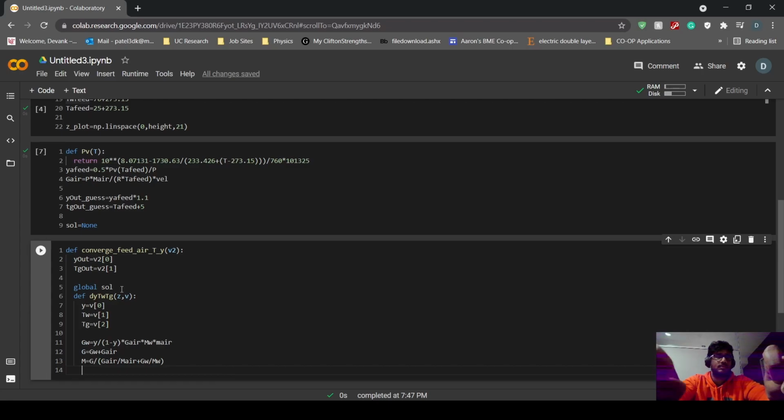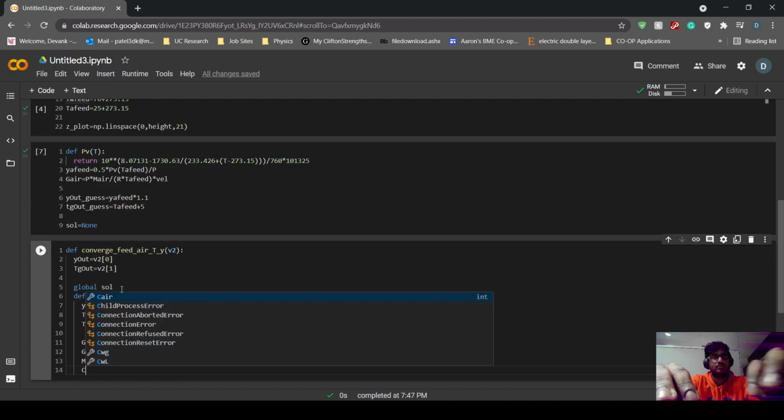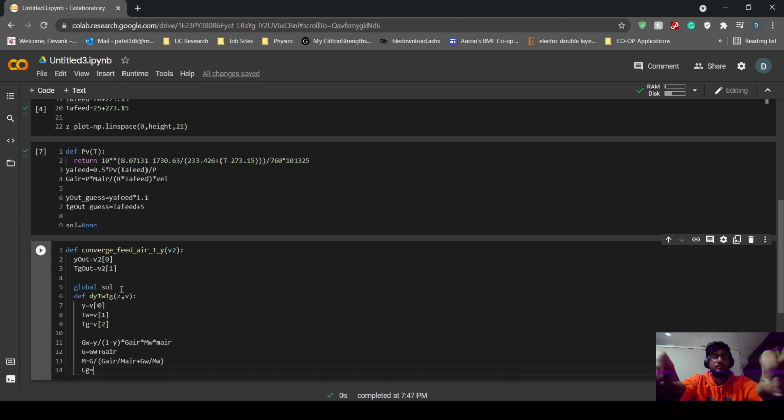And now what we're going to do is calculate the heat capacity of the gas. So Cg is equal to C air, the gas, so the water plus the air.